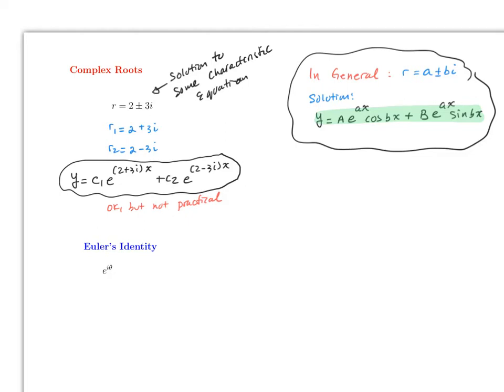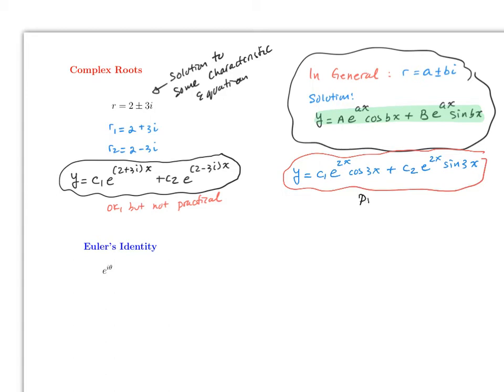So therefore, in our case, the solution will be y equals c1 e to the 2x cosine 3x plus c2 e to the 2x sine 3x. Now this is the solution we're going to use.